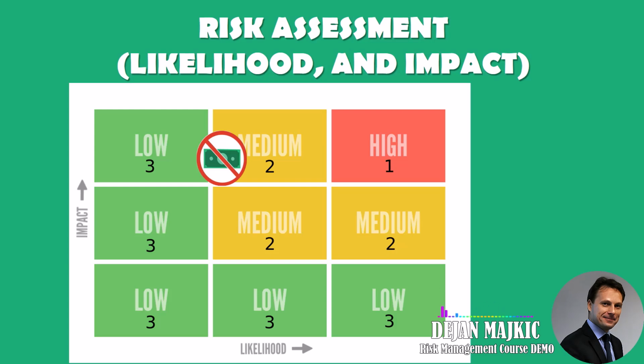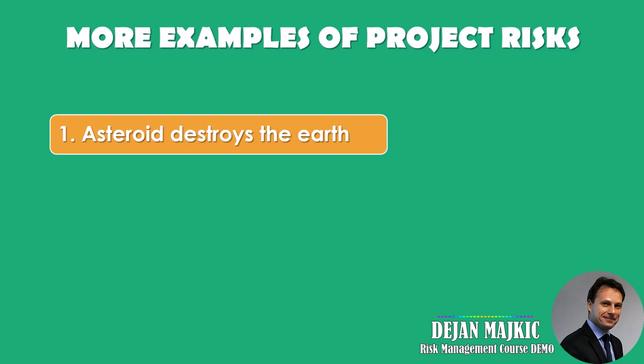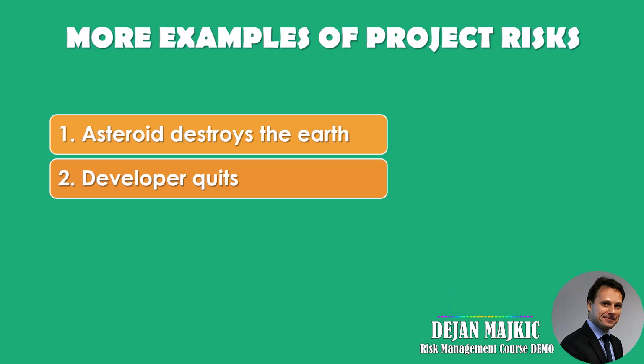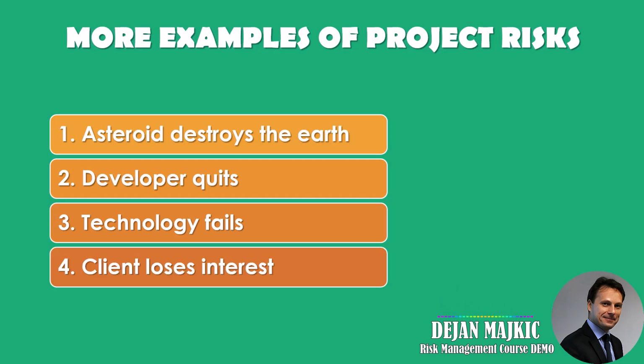Now let me give you a couple more examples of project risks. Let's say an asteroid destroys the Earth. Developer quits. Technology fails. Or client loses interest, and so on.